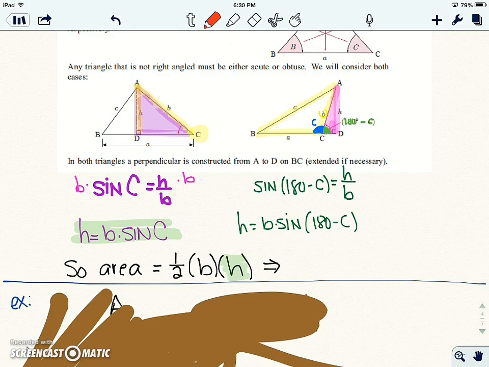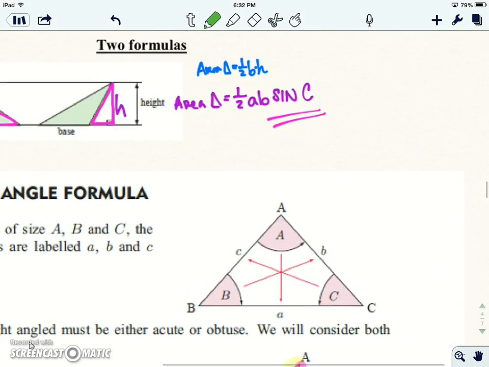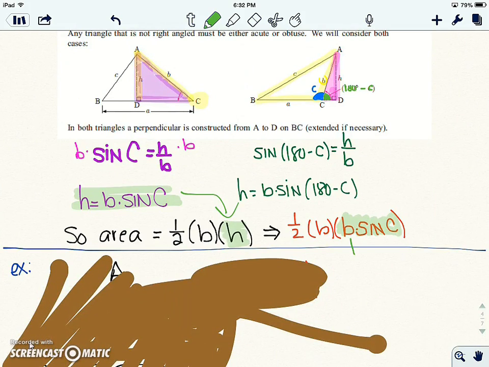And we get area is 1/2 the base, and now h is b, the sine of C. So by substituting in for h, we get 1/2 b times b, the sine of C, which is almost our new formula, but our new formula is a times b, the sine of C. But remember, this b was the hypotenuse of this little triangle, and then this was actually the base of the full triangle, which is technically a.